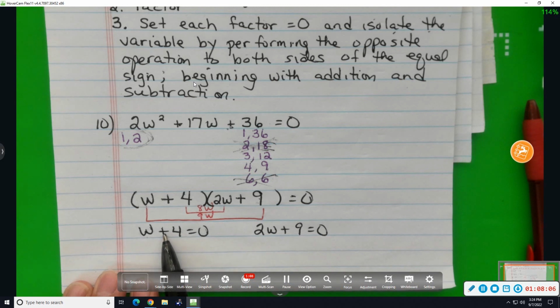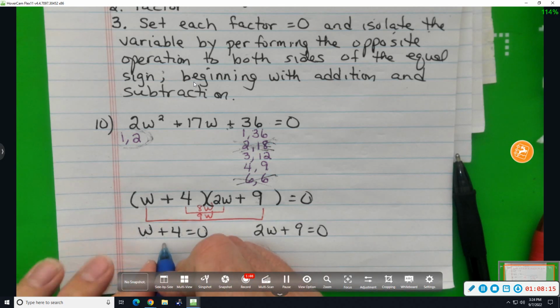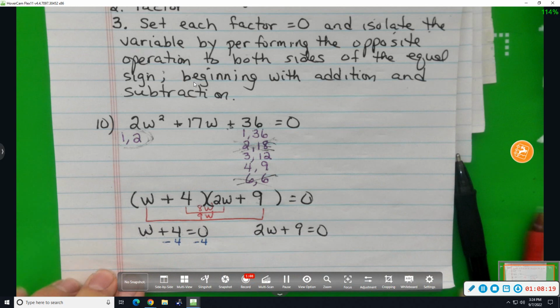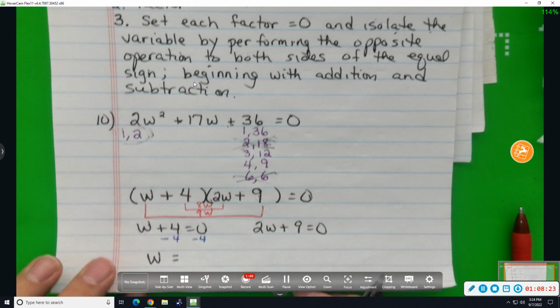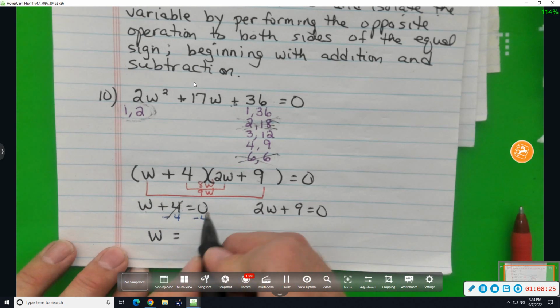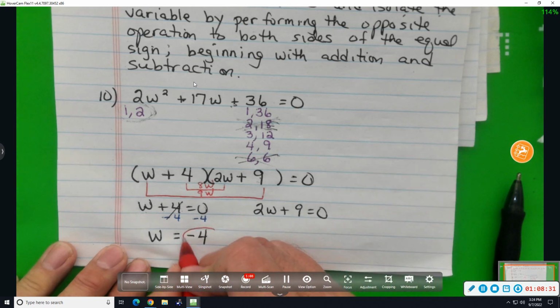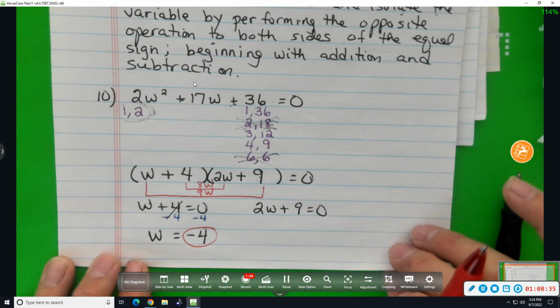The opposite of adding 4 is subtracting 4. So I'm going to subtract 4 from both sides. And does that isolate the variable? I'd have W equals negative 4. Yesterday when I was doing this, my brother said, circle that negative 4. There's my first answer. Negative 4.